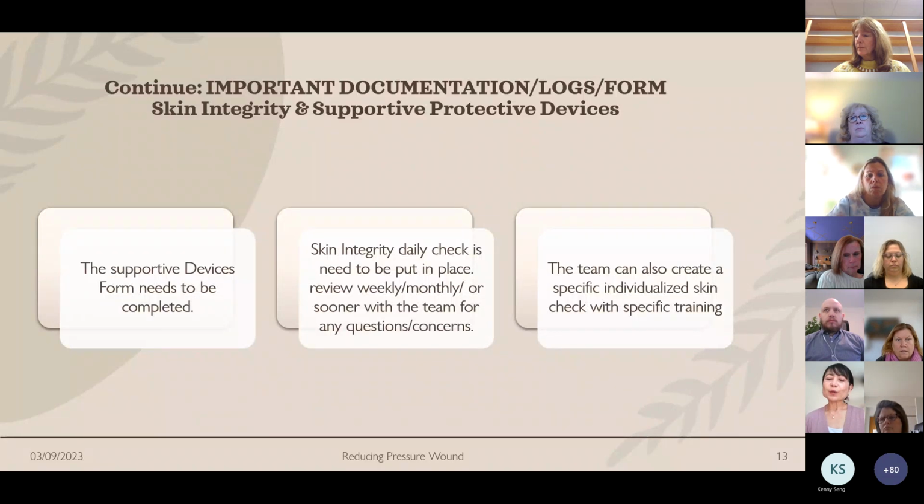Just to make sure the documentation is there, because even though we have training done and a safety protocol in place, without the follow-up or documentation, I think something is missing in this part. Okay, so if you have those, you should put some type of logs or daily check. I put that in here. The team can also create a specific individualized skin check with specific training.